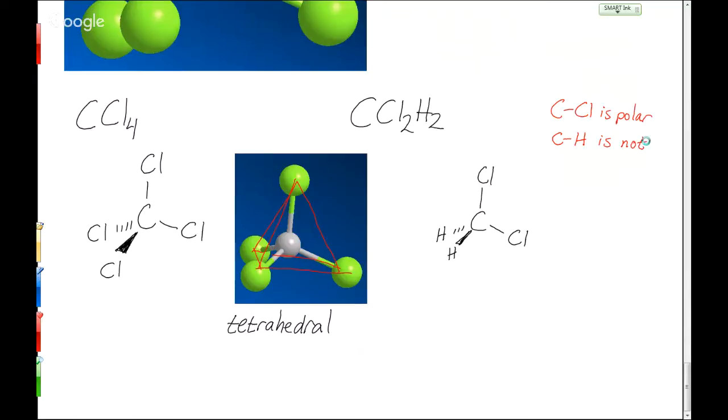So what do you think? Are those molecules overall polar or not? Let's all think about it.